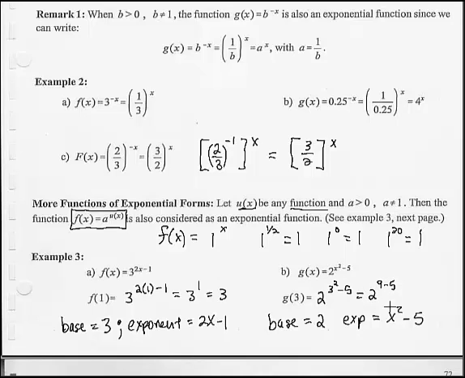If we subtract 5, we would get 2 to the 4th power. So we take 2 and multiply it by itself 4 times. And in that case, we'd get a 16. So g of 3 is 16. So when you're dealing with exponential functions that have functions in the exponent, make sure you keep all of those calculations written inside of the superscript.